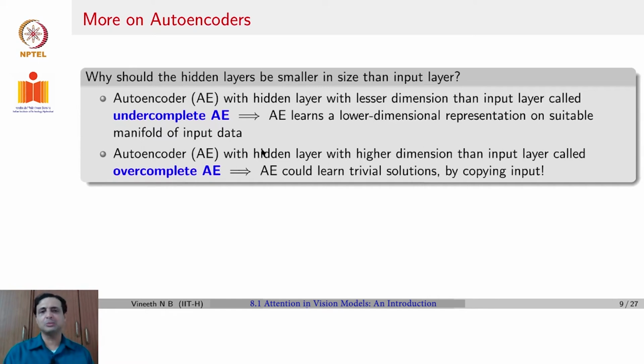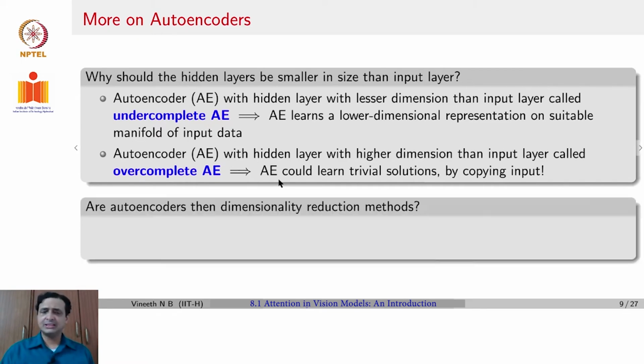While technically this is possible, the limitation here is that the autoencoder could blindly copy certain inputs to certain dimensions of that hidden layer which is larger in size and still be able to reconstruct, which means such an overcomplete autoencoder can learn trivial solutions which don't really give you useful performance. They may simply memorize all the inputs and just copy inputs back to the output layer.